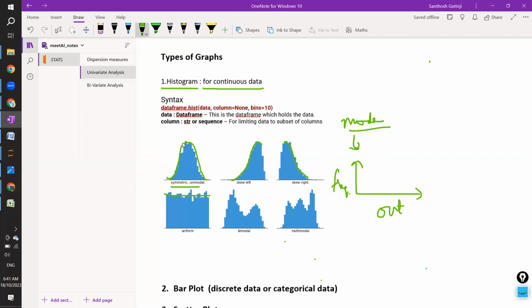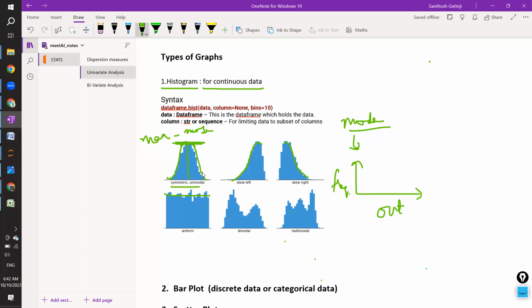Wherever you have this peak, that means this particular point has the maximum frequency. That means it is occurring the maximum number of times. So obviously that will become the mode. Mode is the one which occurs the maximum number of times. So you will have the mode over here.